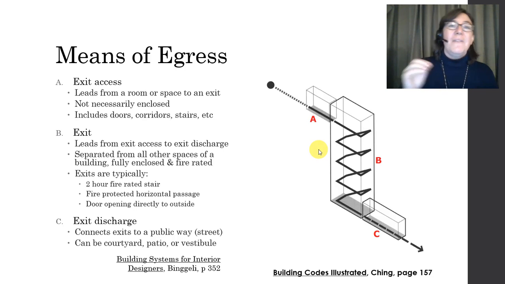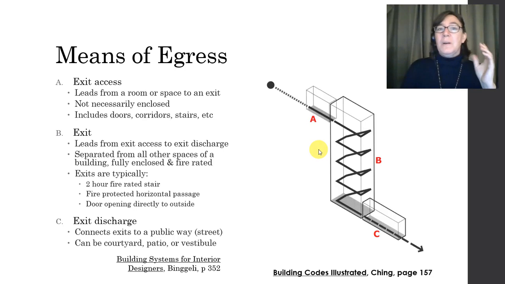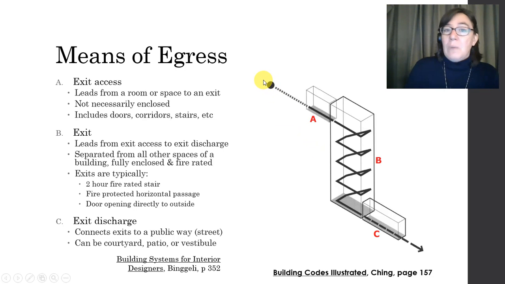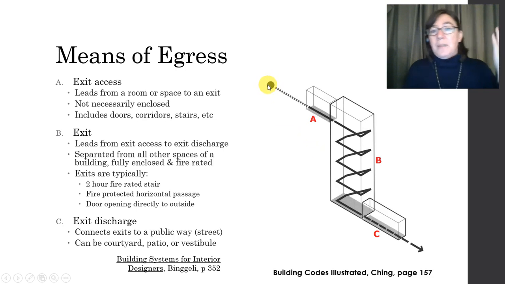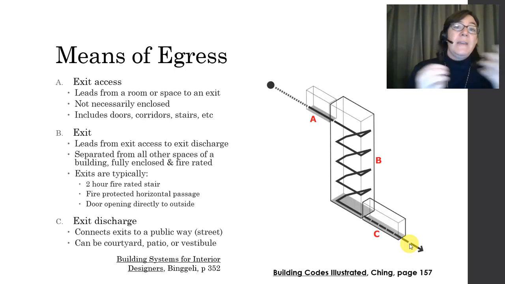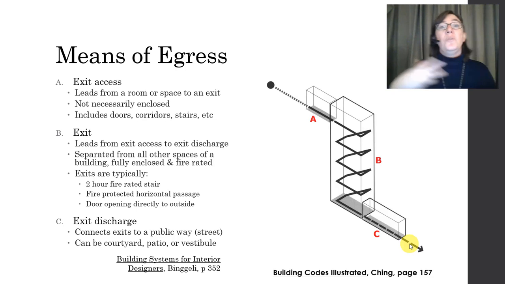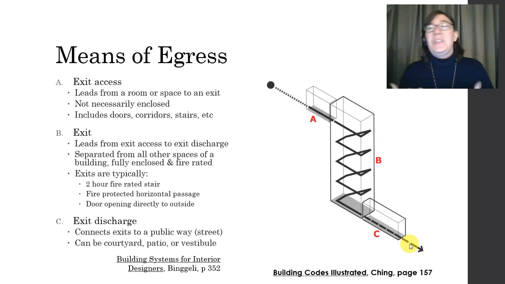Finally, your occupant has moved from their original space through the exit access, through the exit piece, and now they're in the exit discharge area. The exit discharge connects your exit to a public way, which is a fancy definition of a street.